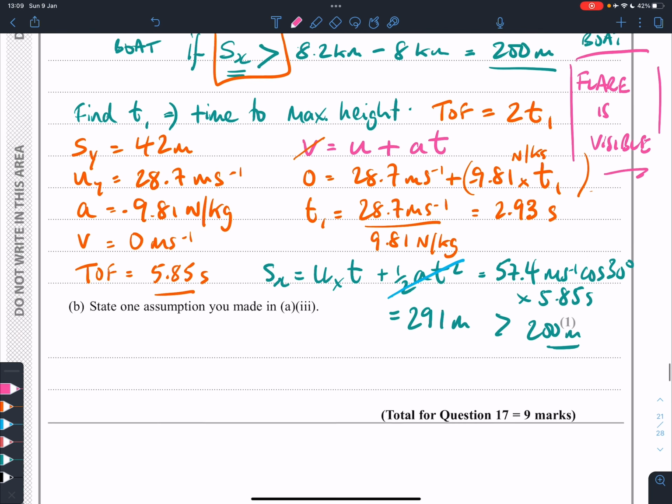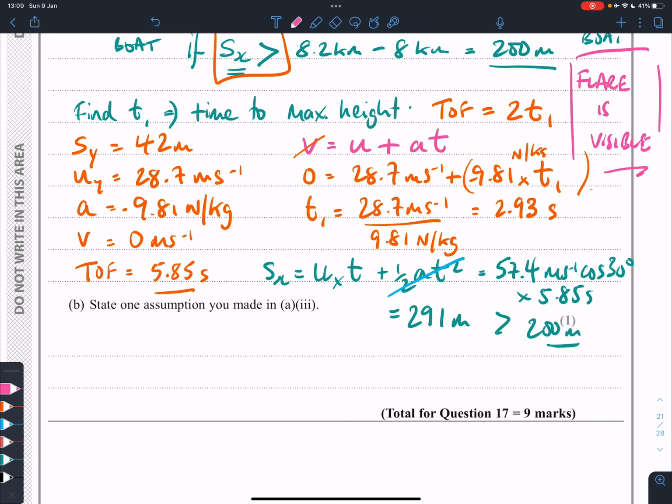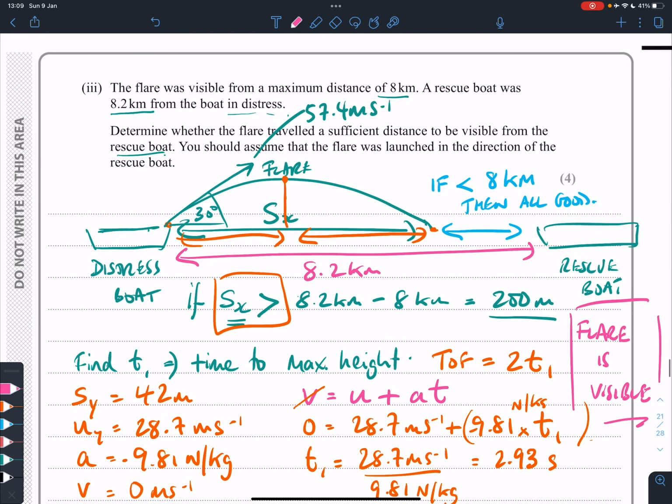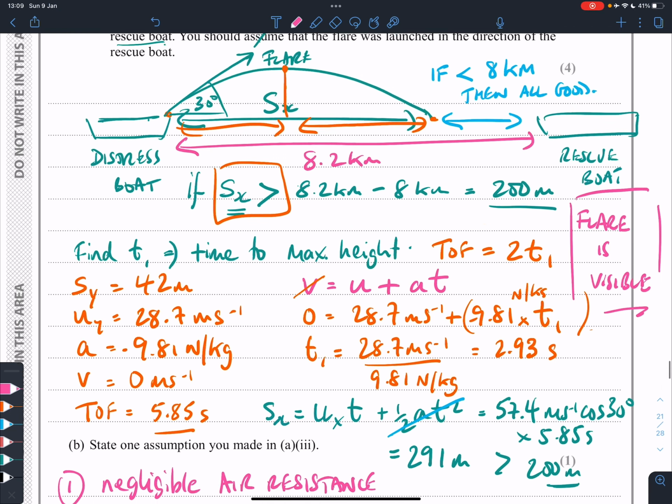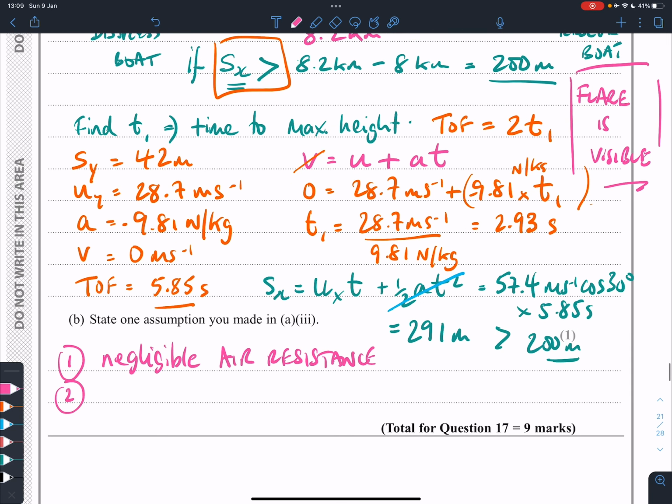Right. State one assumption you made. Well, there are two assumptions, I think. Assumption number one is that there's negligible air resistance. And the second thing is, I guess, that the total distance the flare travels is the important thing.